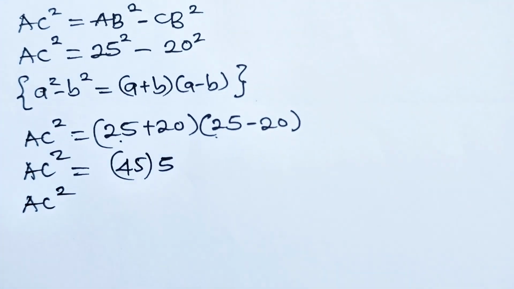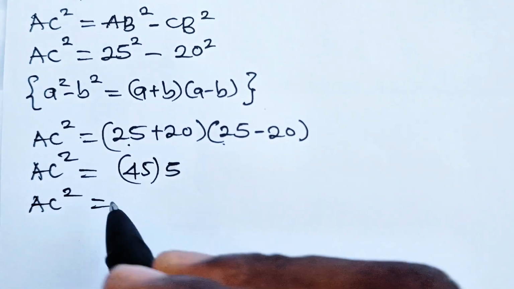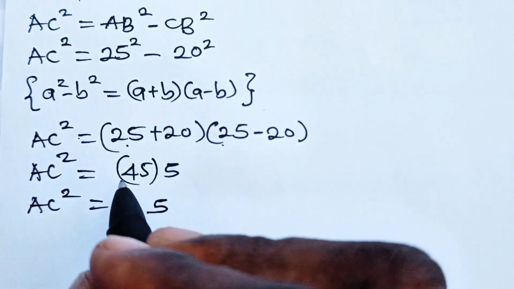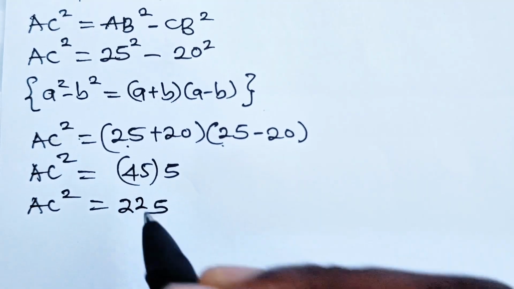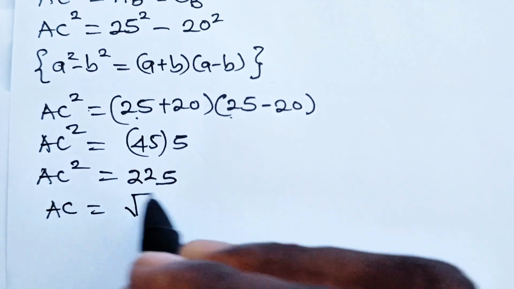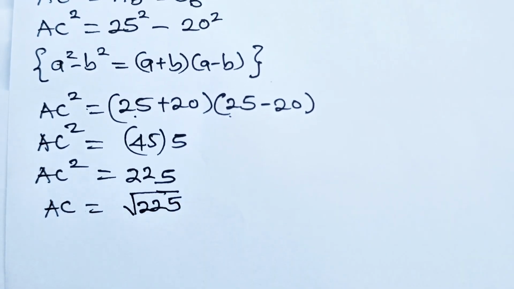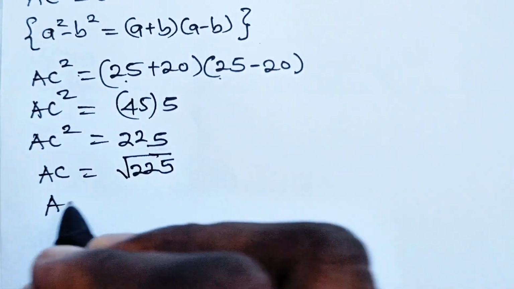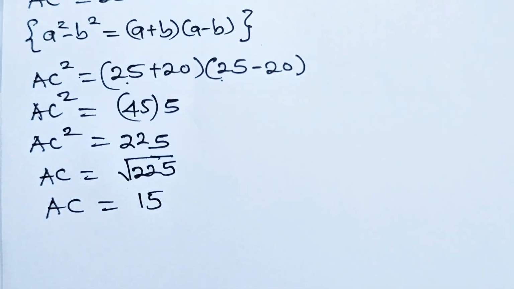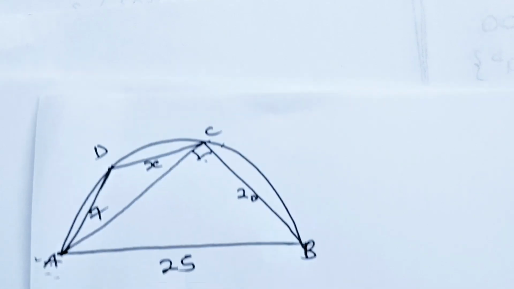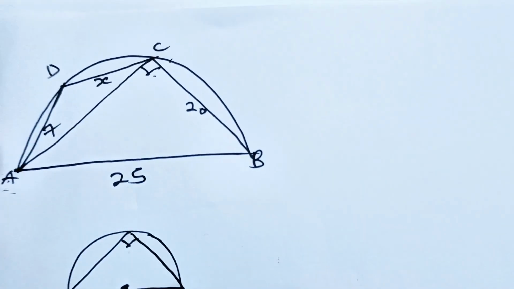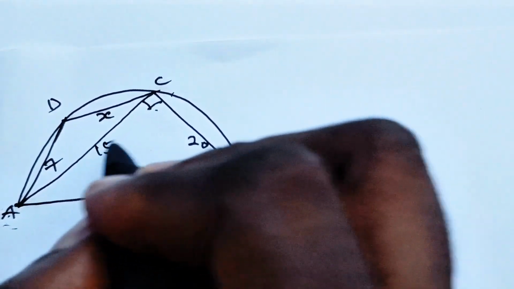So AC squared then will be equal to 5 times 45, which is 225. So to get AC, we need the square root of 225. Alright? So AC is equal to 15. Right? So we can write that here, that AC is 15.